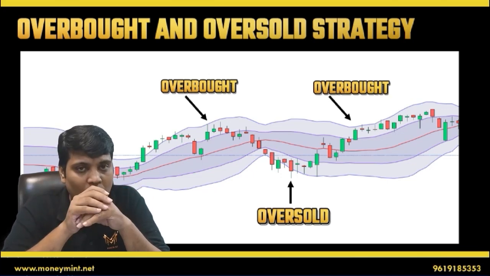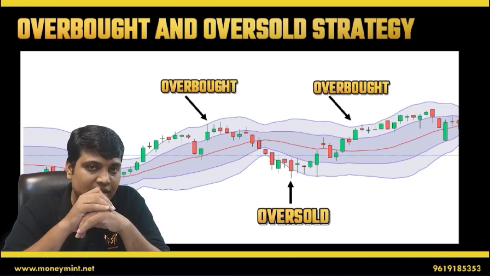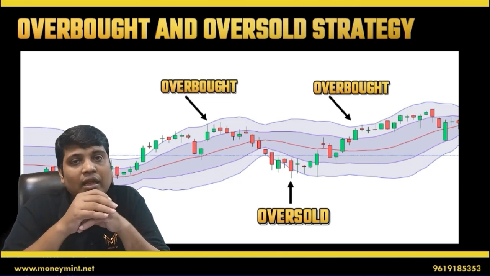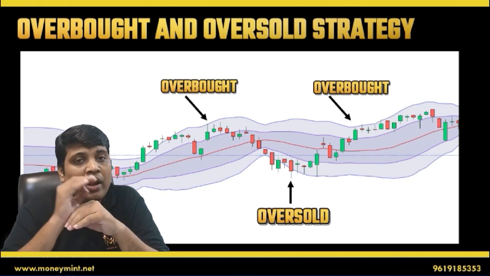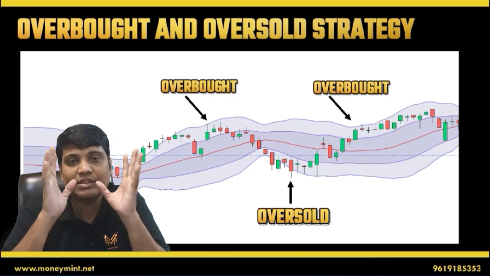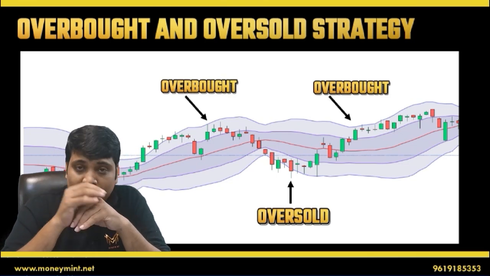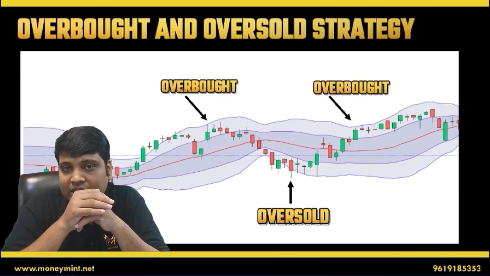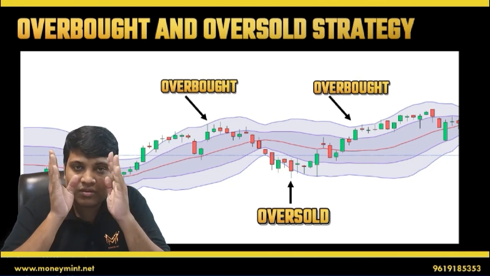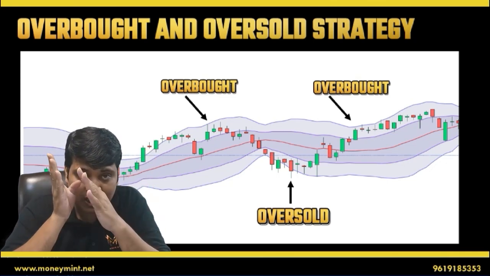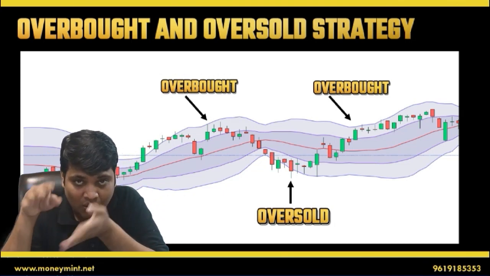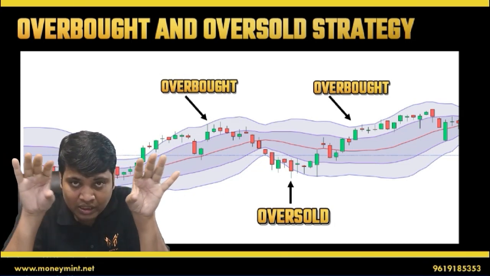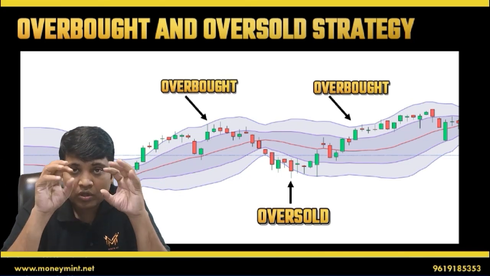So let us first understand how the overbought and oversold strategy works. The first condition to see is whether the band flows in the north direction, in the south direction, or in the sideways zone.